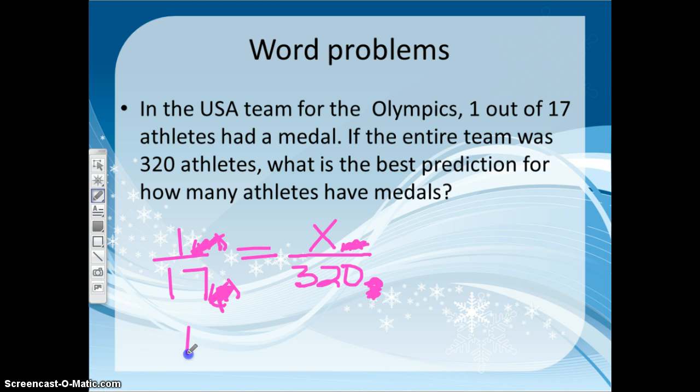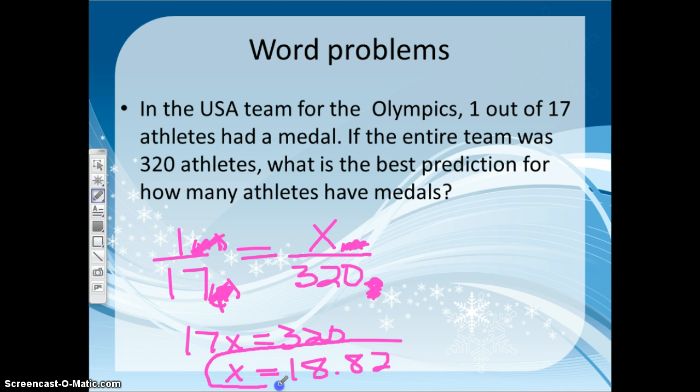Alright, cross multiply and we get 17x is equal to 320. Divide both sides by 17 and we get x is equal to 18.82. That's what I get on my handy dandy calculator because I didn't want to divide 320 by 17 in my head. So prediction, they would probably have between 18 and 19 athletes medal out of the entire team.